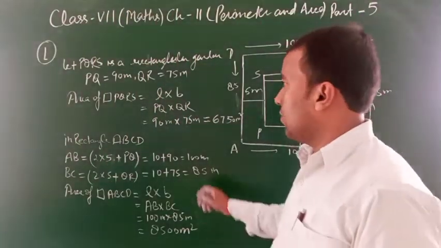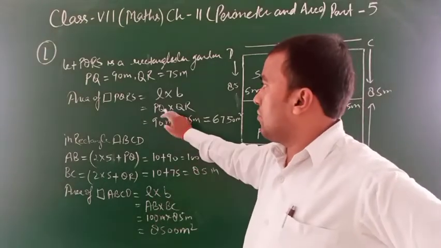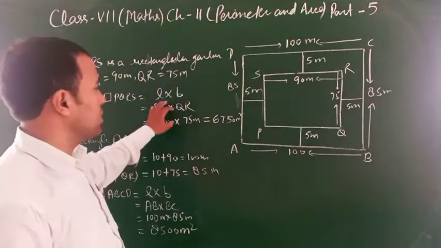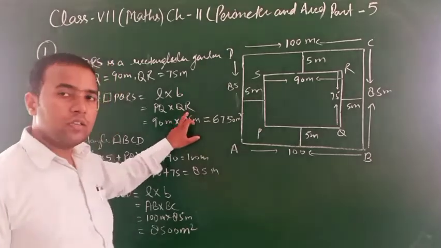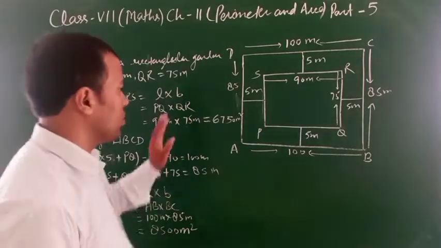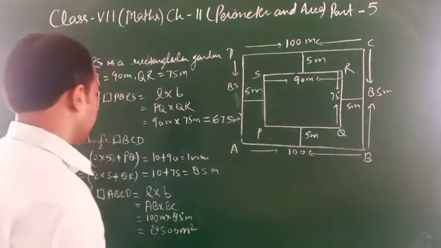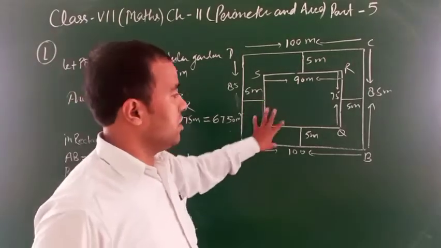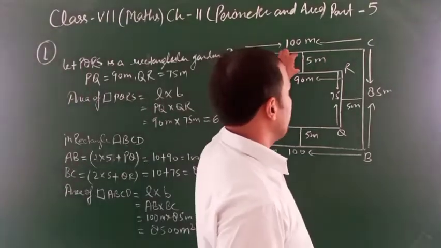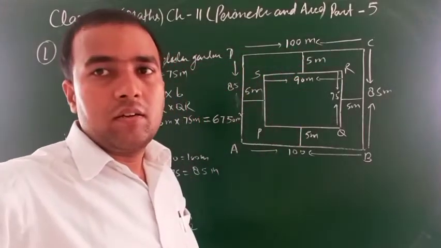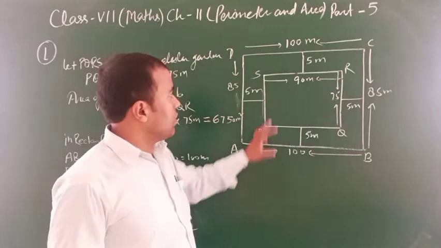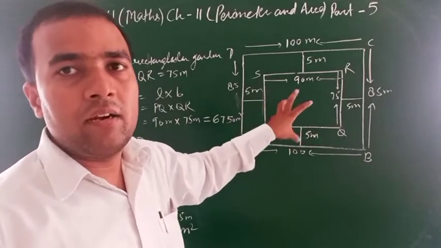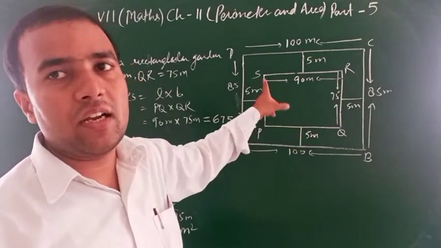Means first of all we will find area of rectangle PQRS. Here PQRS means L into B, PQ into QR means 90 into 75 equal to 6750 meters. In rectangle ABCD, because we have made this part, 5 meter, 5 meter, first of all we will find length and breadth of this rectangle ABCD.